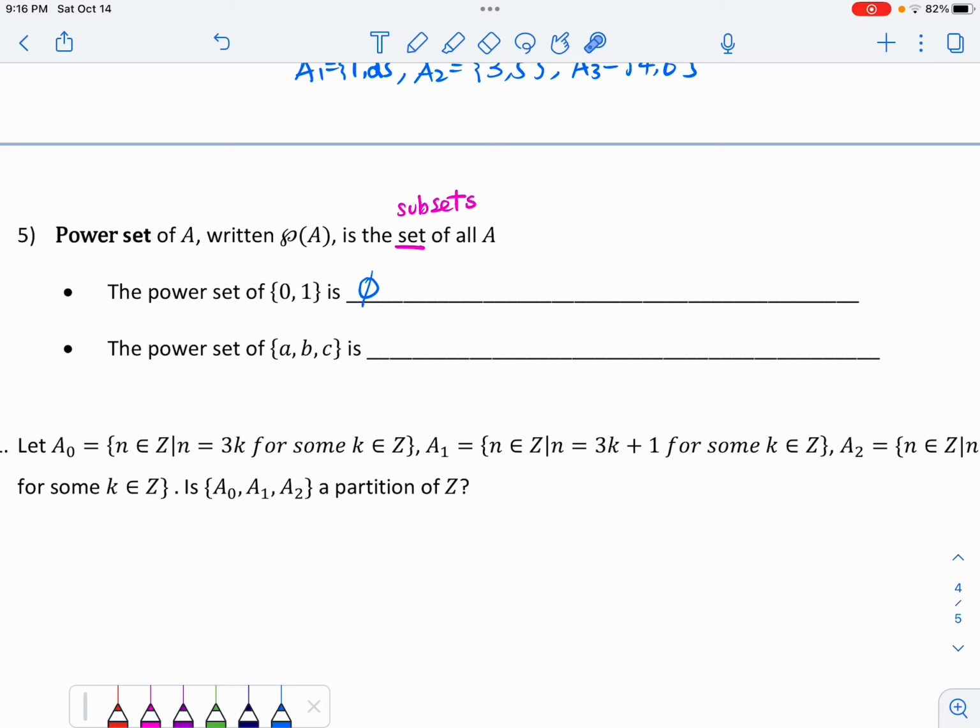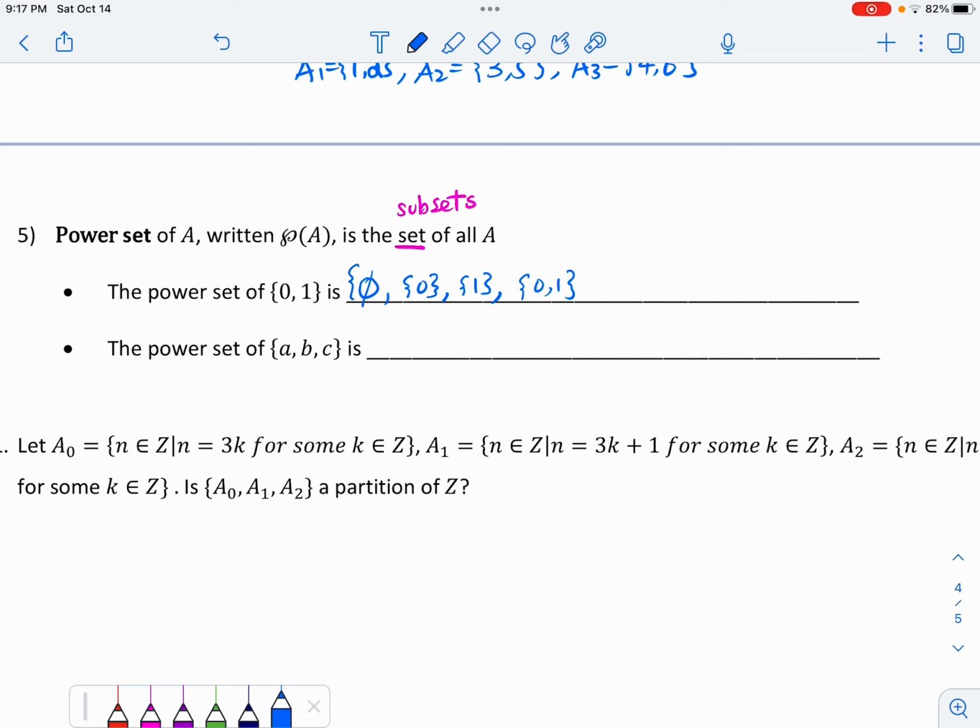And the next one can be this, which is a subset of this set, and this is a subset of this set, and also this is a subset of itself, right? So therefore, this is the power set of this set.